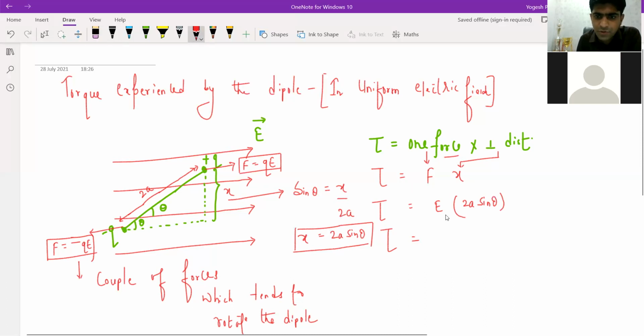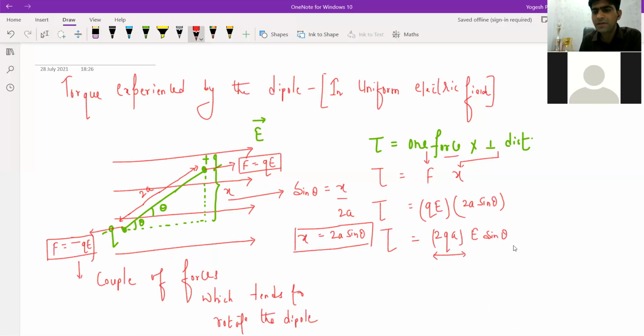Yes, F is equal to QE, so we should write this as QE into 2a sine theta, that is 2QA into E sine theta. Now we know that this 2QA can be written as dipole moment. Since P is equal to 2QA is the electric dipole moment, ultimately torque we get PE sine theta.